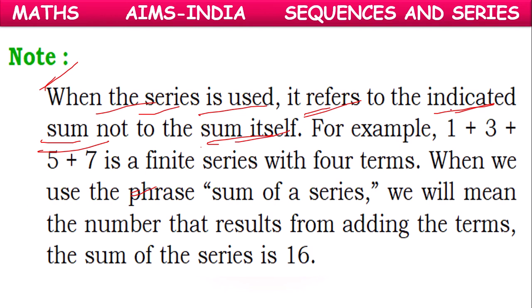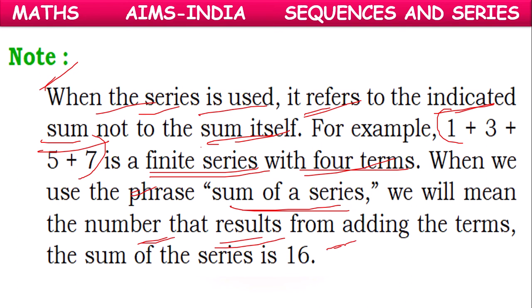For example, 1 plus 3 plus 5 plus 7 is a finite series with 4 terms. When we use the sum of a series, we mean the number that results from adding the terms. The sum of the series is 16.